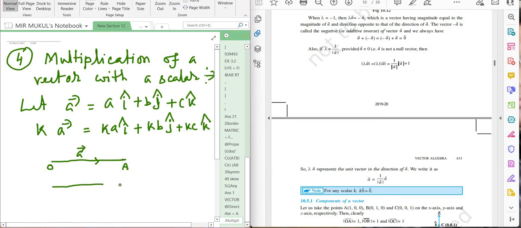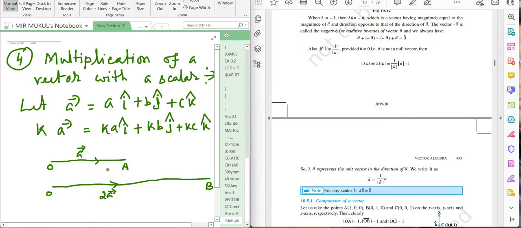Try to understand, this is a very important concept. Direction will be same, but its magnitude will be double of this vector. Alright. So this will represent 2a. Like that, if we multiply by 3, that means its magnitude will be 3 times of OA.